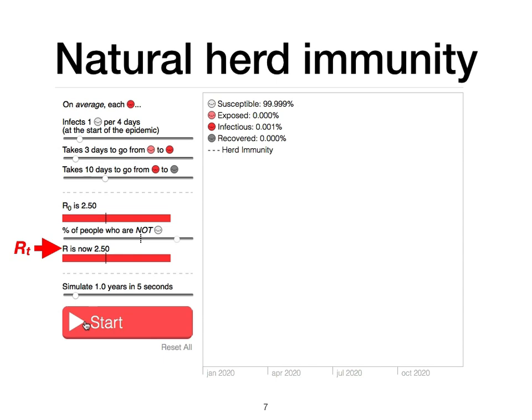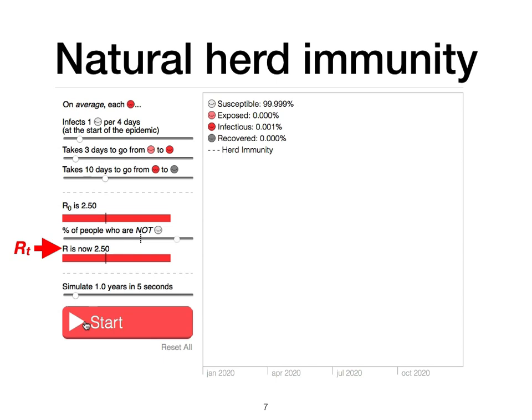So at the start, 0.01% are infectious, and nobody is in the exposed or susceptible or recovered states. So RT and R0 start out the same thing, the presumption being that everyone who is infectious is only going to encounter other people not infected, because it's such a low fraction of the population.